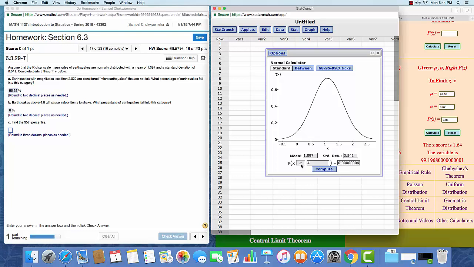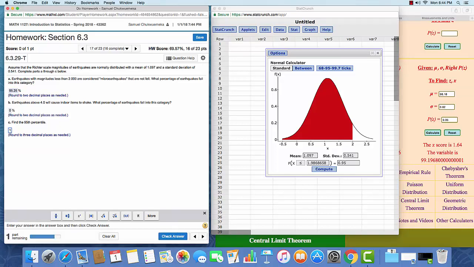Or we can use lower, it will give us the same thing. I think I demonstrated it earlier. We can use lower 0.95 and press enter. But let's use lower, 0.95. And this is the answer here. To 3 decimal places it will be 1.987.